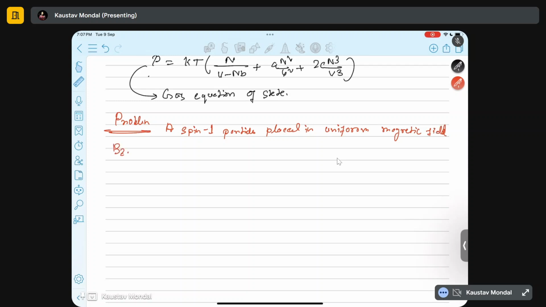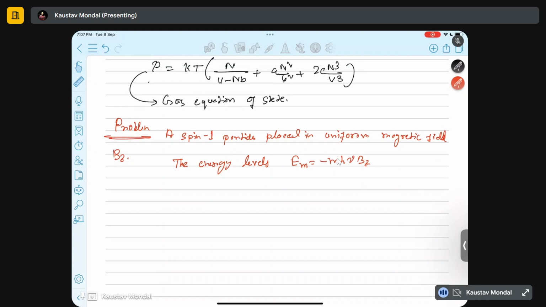The energy levels are given by basically E equal to -m h mu Bz. So these are basically the energy levels. Okay.